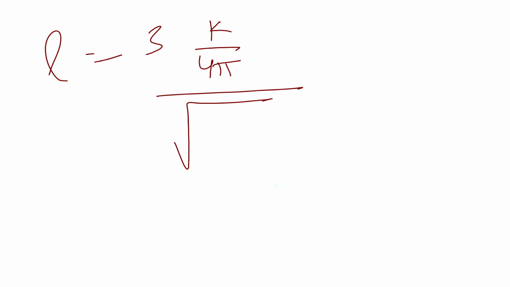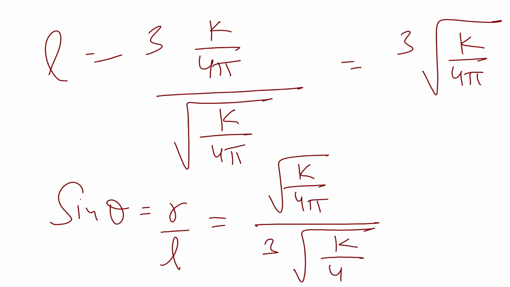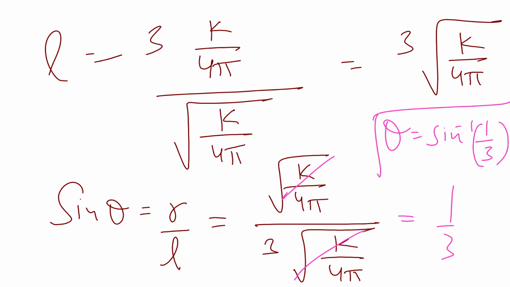I'll just put root to all the terms over there, upon 3 root k by 4 pi. R and L values I have put. Cancel this. I'll get 1 upon 3. So what will be theta, guys? Theta will be sine inverse 1 upon 3. Hence proved. If I'm not wrong.